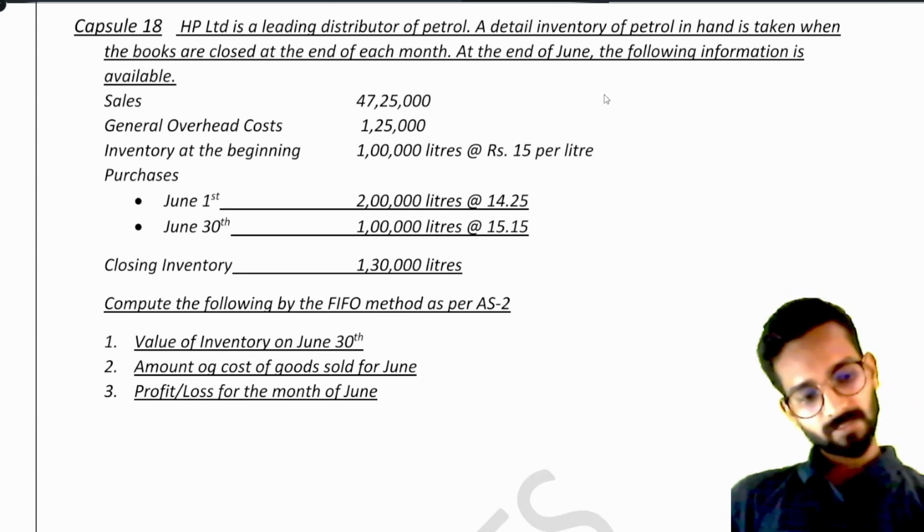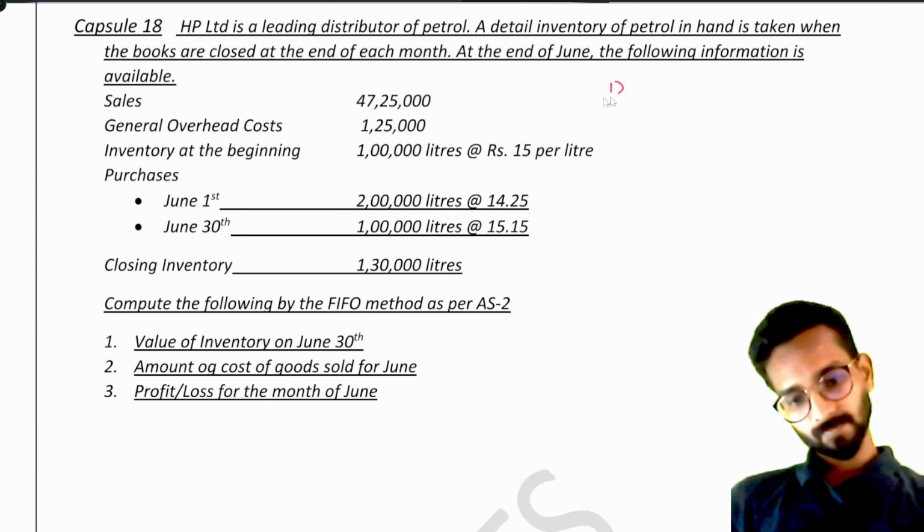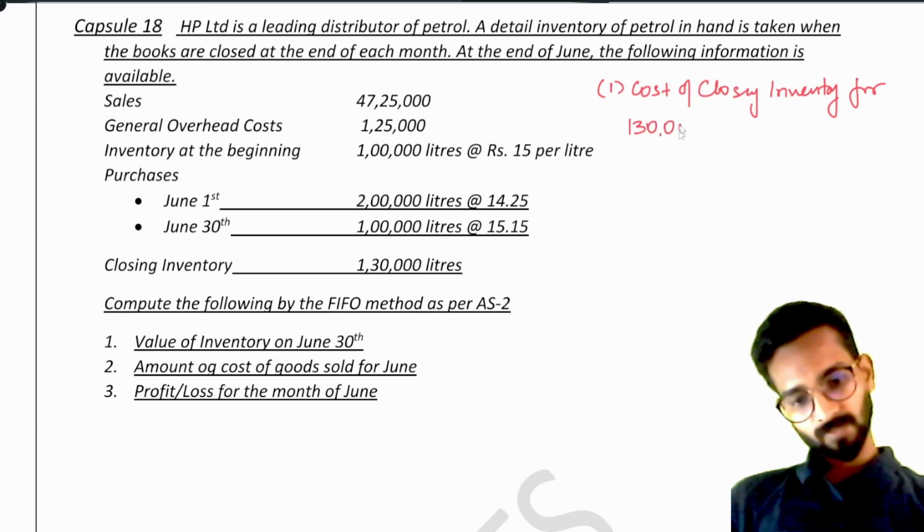The first part is cost of closing inventory for 1,30,000 liters on 30th June.